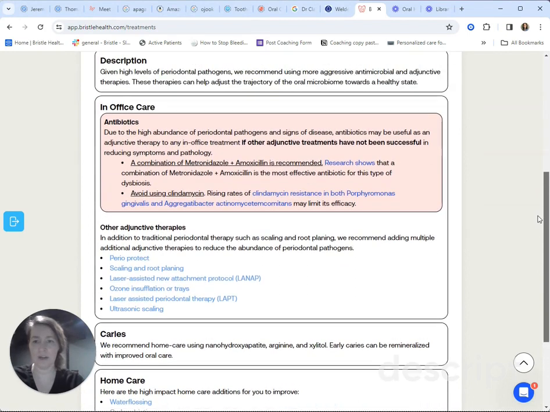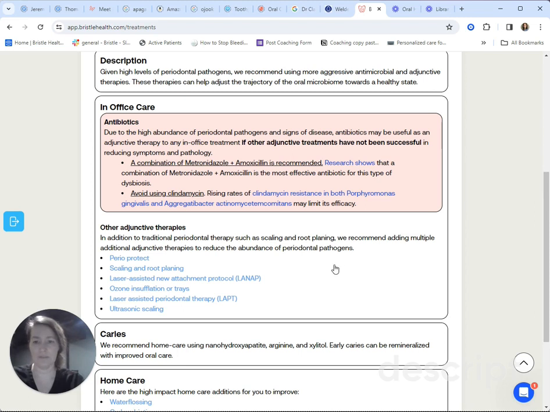So in this, for in-office care, you may have the option to do a combination of antibiotics with metronidazole and amoxicillin. In this case, it is recommended at this time to avoid clindamycin due to clindamycin causing resistance with Porphyromonas gingivalis and AA. It has limited efficacy when it comes to the periodontal treatment, according to the research that we found.